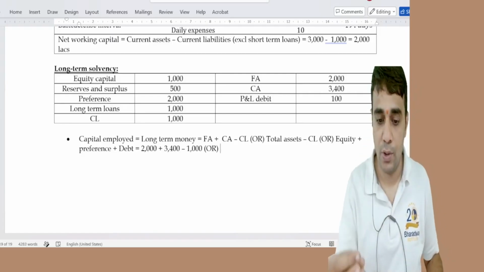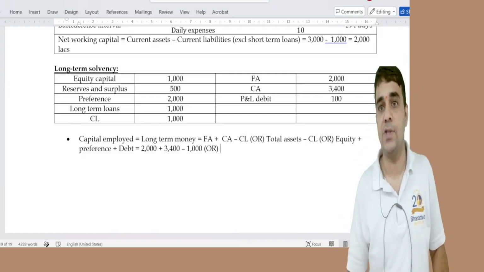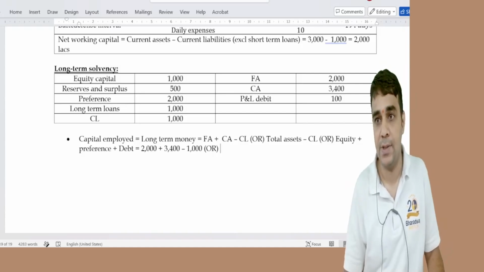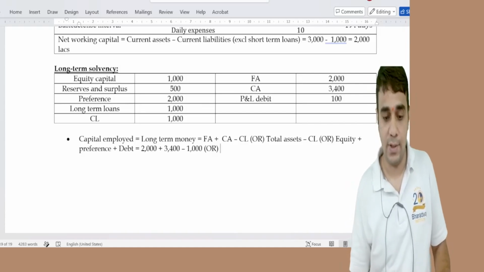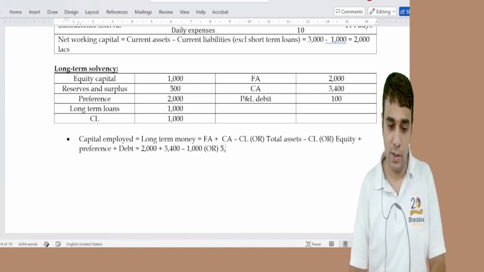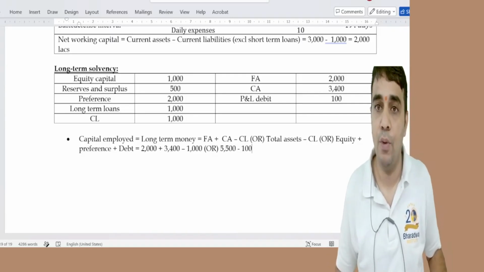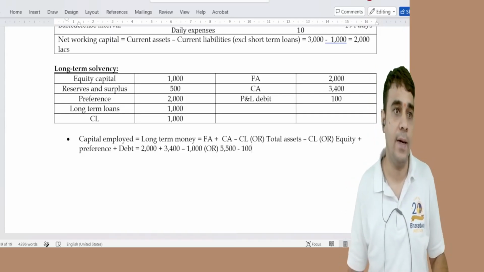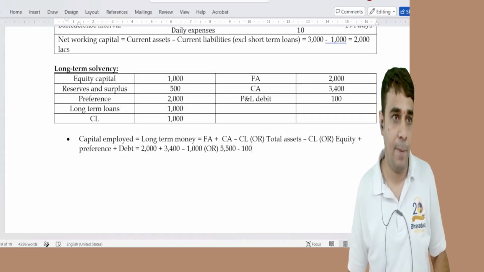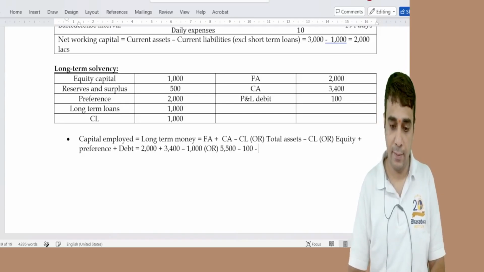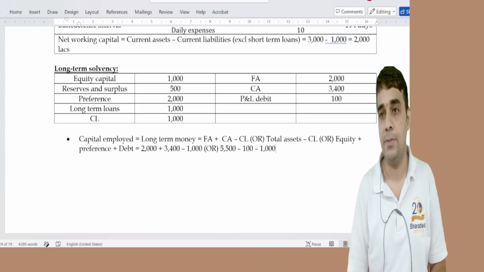Or what is total asset? Obviously, in the total asset, don't include the P&L debit balance, because that is not a real asset. So my total asset is 5500; I remove 100 from that. What is 100? The P&L debit balance, and I deduct current liability.